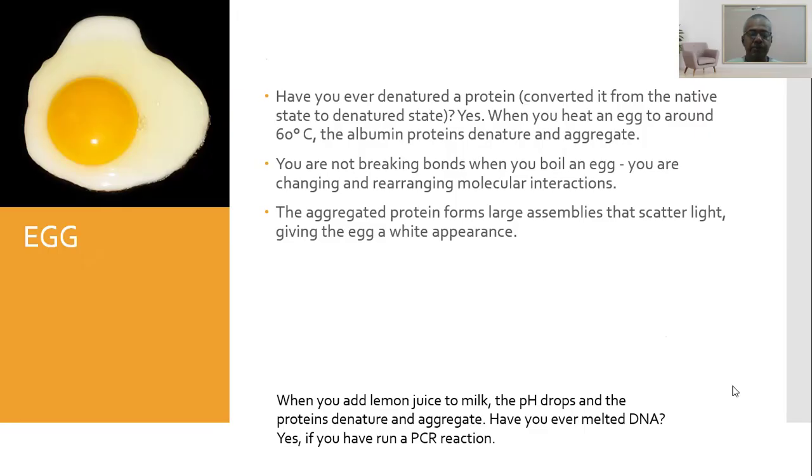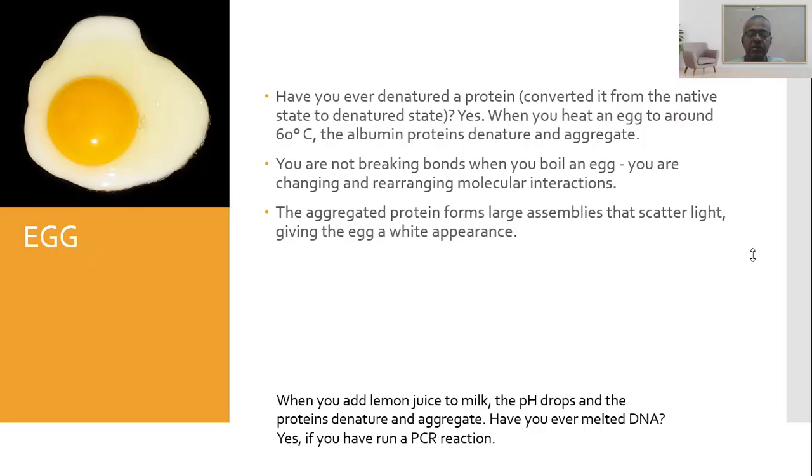Next example is, when you add lemon juice to milk, what happens? The pH drops suddenly and the protein denatures and aggregates, right? A similar phenomenon you can see with the melting of DNA while running the PCR, okay? So pH drops, why do proteins denature and aggregate?